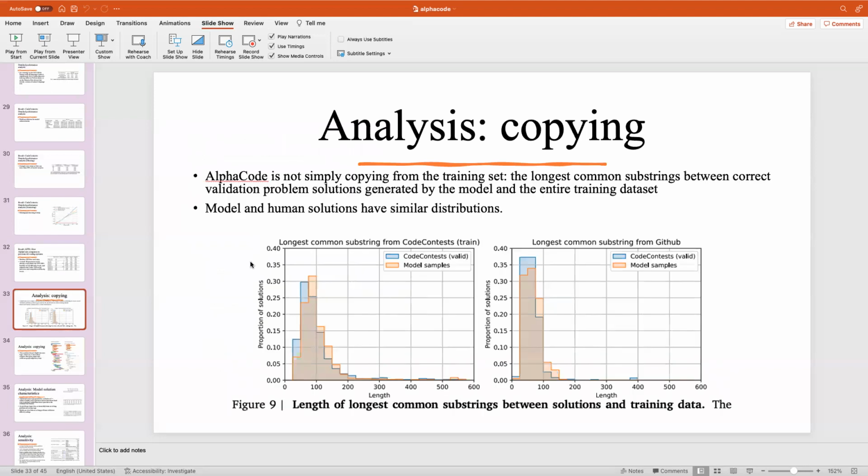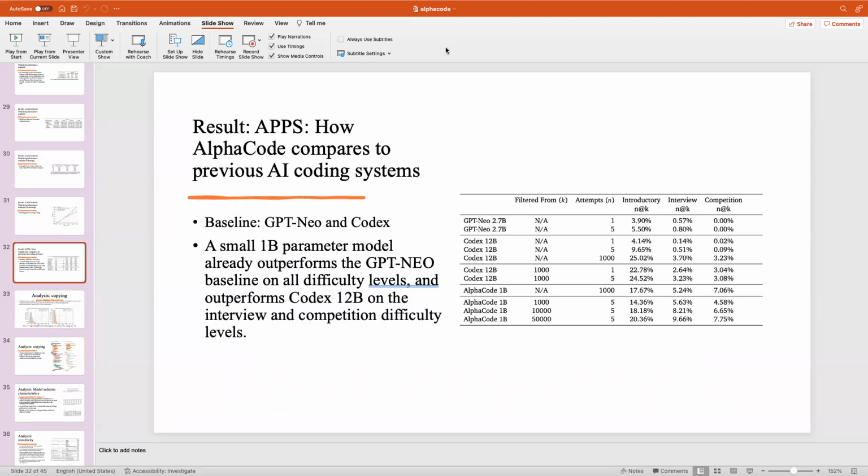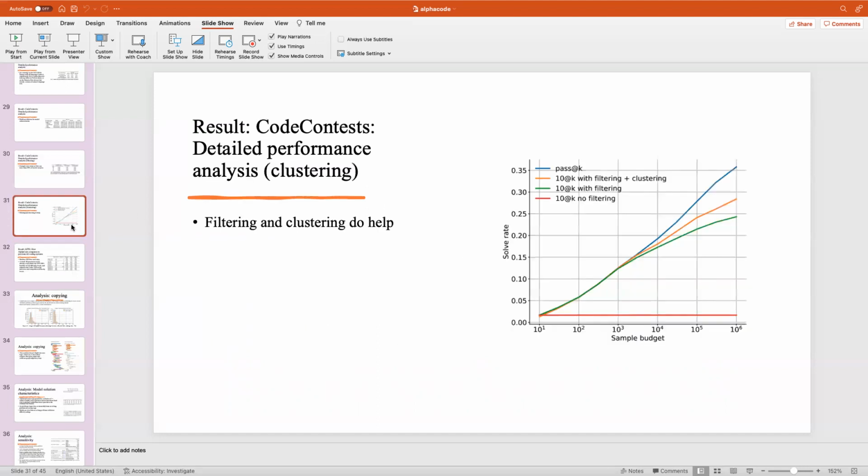Sorry, I also have a question about the results for the solve rate, the plot with the curves. At least for this one, for under 1,000 samples, we actually don't have any single correct answers.